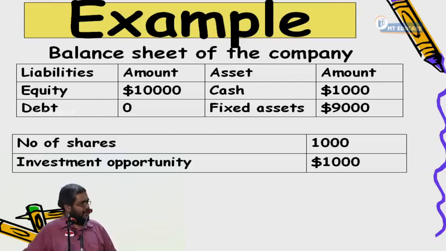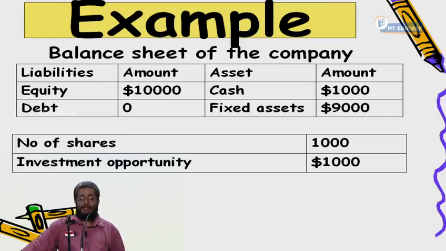The value of a fixed asset is not how much we invest, but how much benefit we get out of it. Everybody understanding or not?